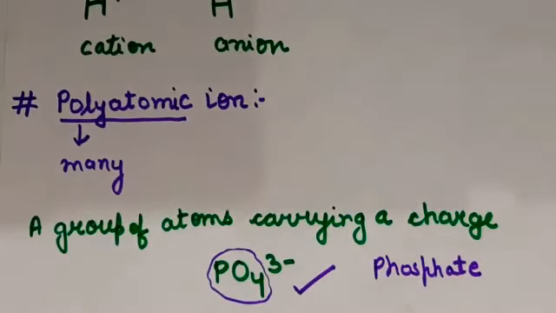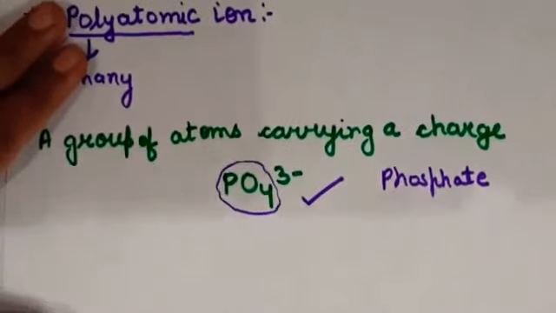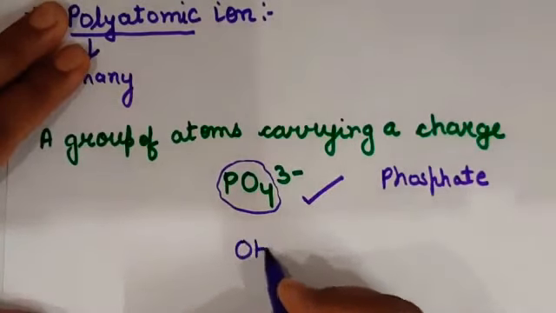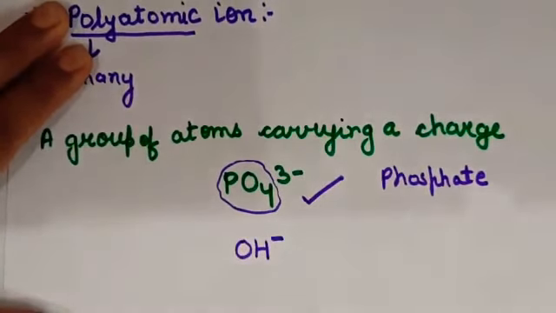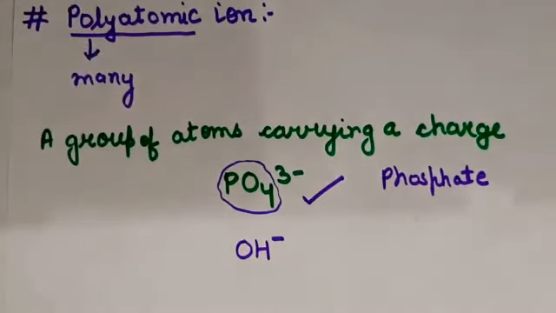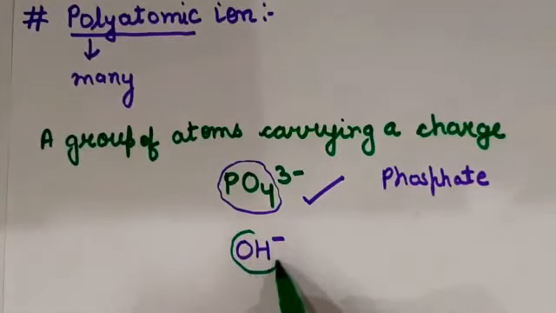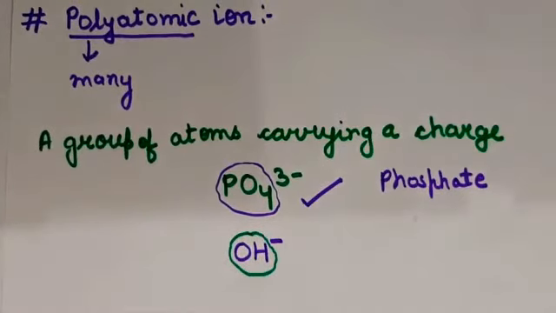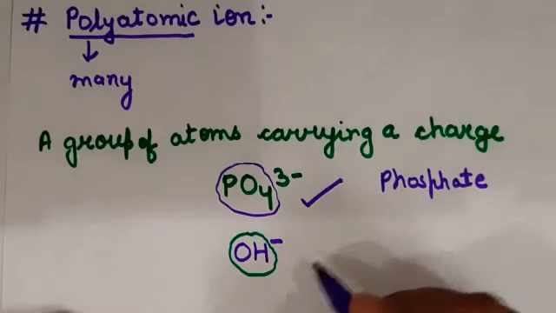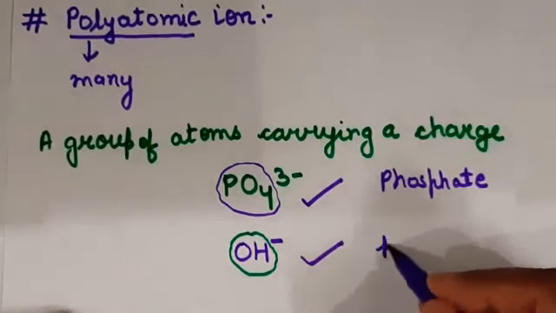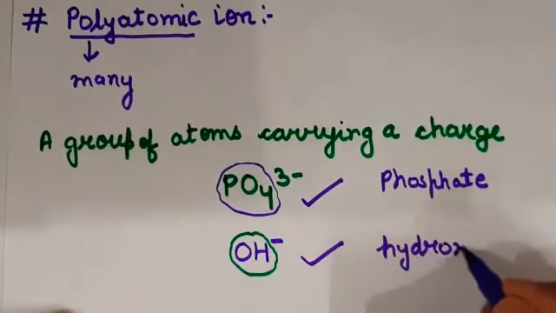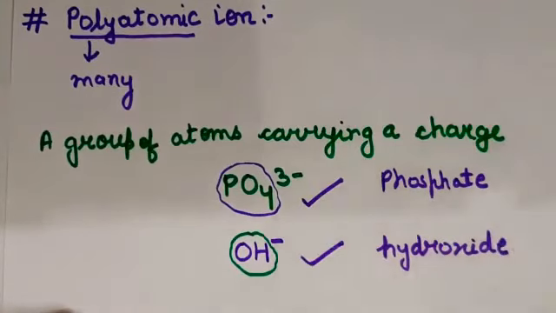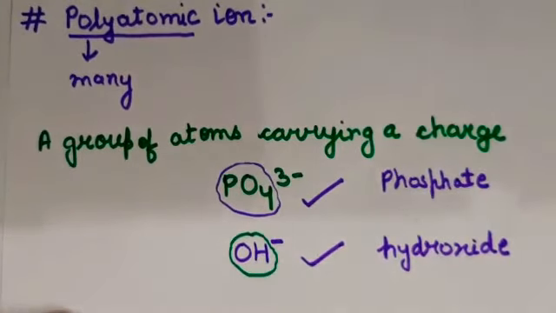Another example of polyatomic ion, OH negative ion. Okay, it is also a group of atoms. Two atoms are there, oxygen and hydrogen. So it is a polyatomic ion, and it is called hydroxide ion.